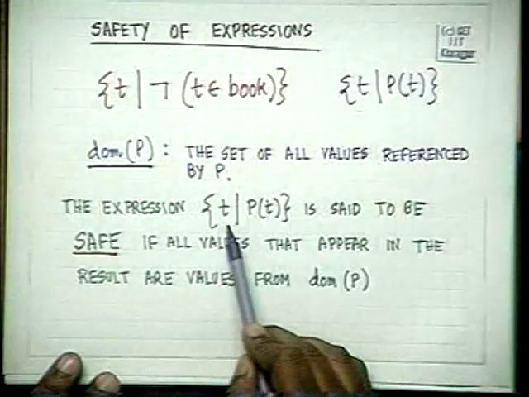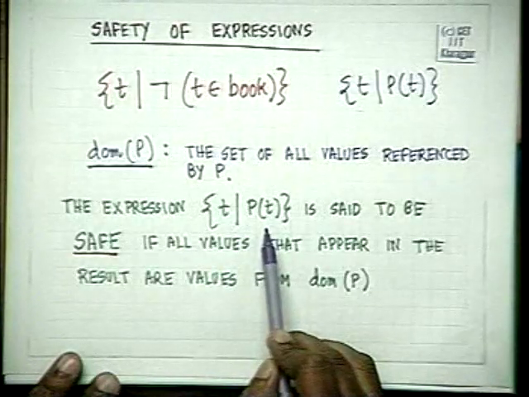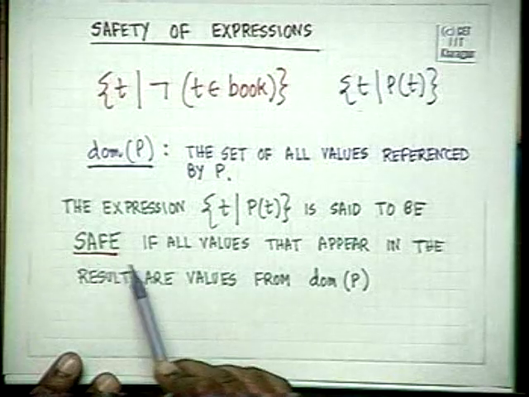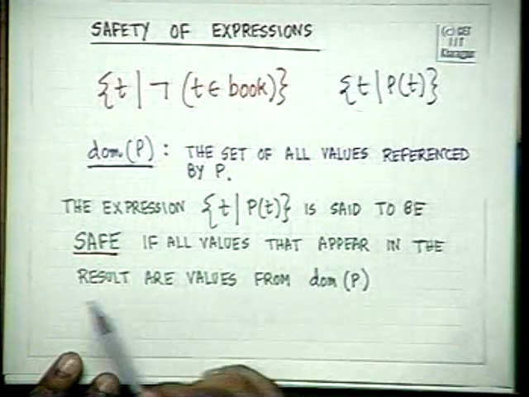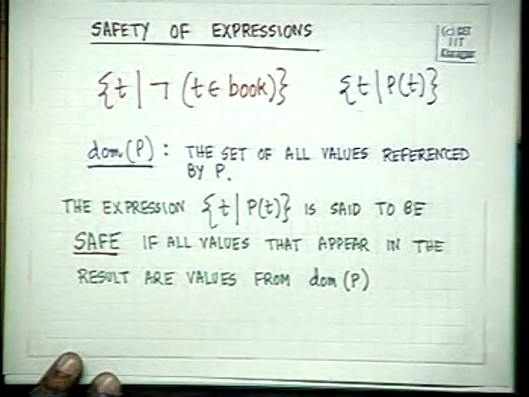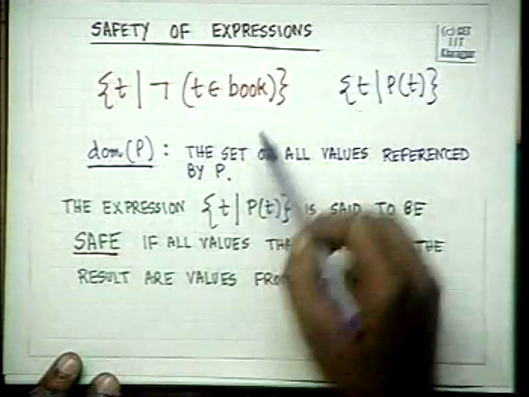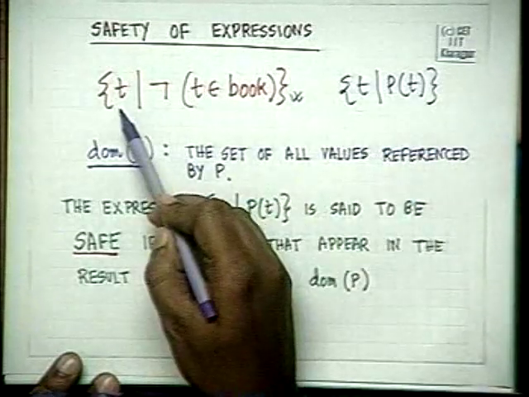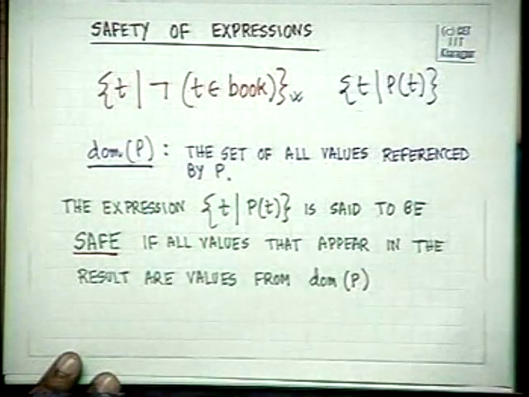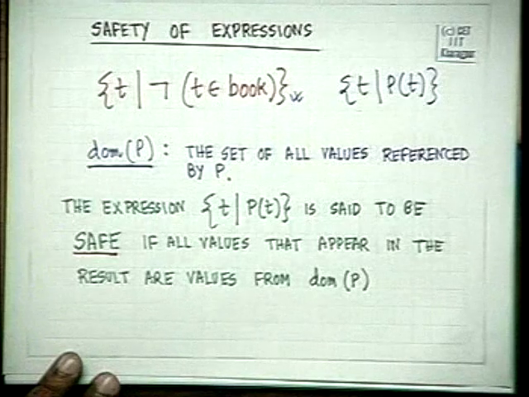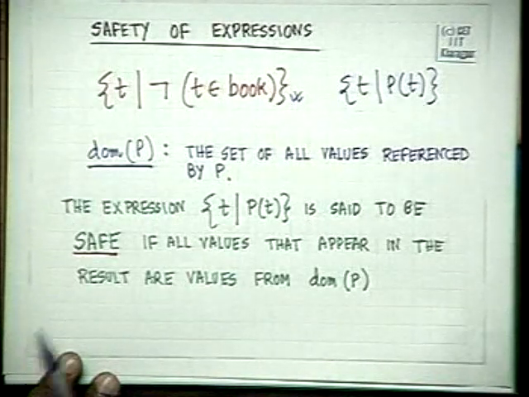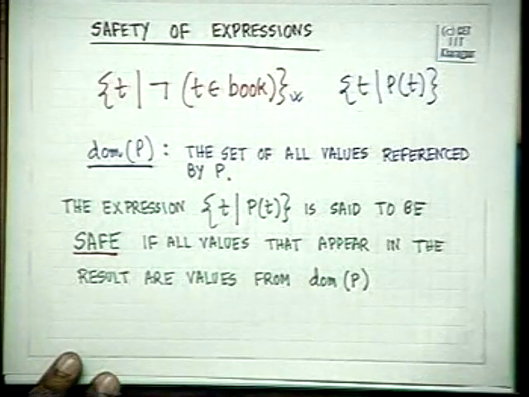The expression {t | P(t)} is said to be safe if all values that appear in the result are values from domain of P. This is not safe because the results which appear here are not from book. If you really want to have the relevant things, then you will not get those which are from book.